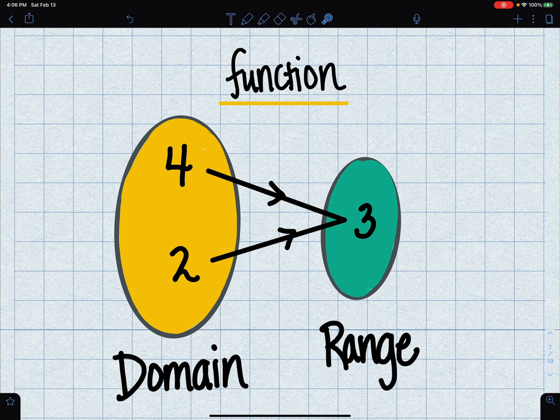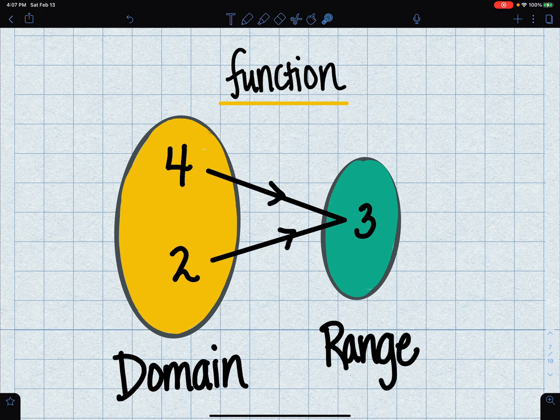So this first example is on page 347. Is this a function or is it not a function? All you get from this vending machine is a 3 every single time. So you can put in a 4, but you'll get a 3. You can put in a 2, but you'll get a 3. Now that's fine. It's still a function. Why?